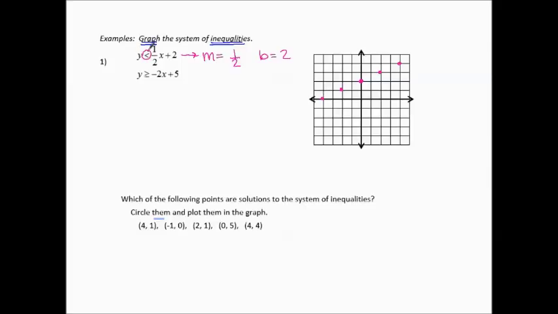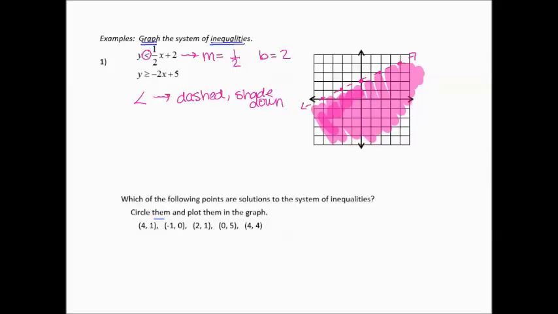I have to look at my inequality. I have less than, which means I have a dashed line, and I'm going to shade down. So here, I'm going to dash the line in between and shade below this line. It doesn't have to be perfect, just shade below.